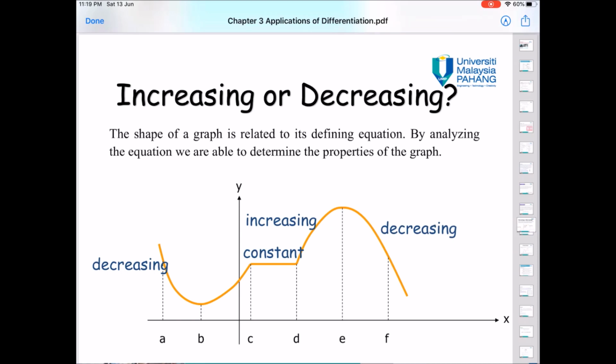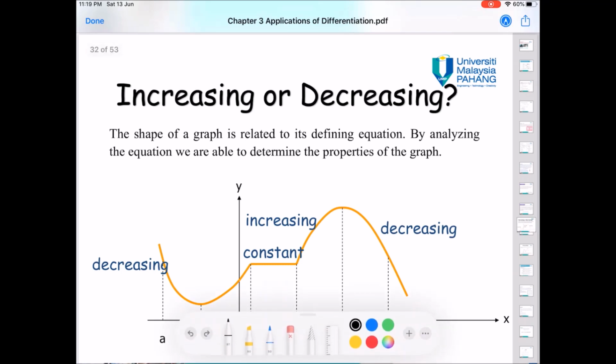Before that, let's see increasing or decreasing. The shape of a graph is related to its defining equation. By analyzing the equation, we are able to determine the properties of the graph. You have learned about slope, right? For the first derivative, when your slope, which is dy/dx, is less than 0, or negative, then we have a decreasing slope.